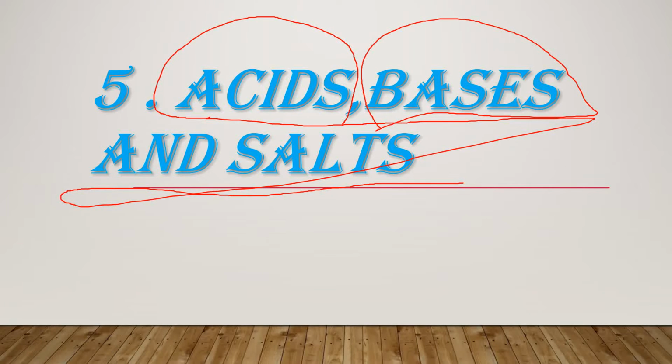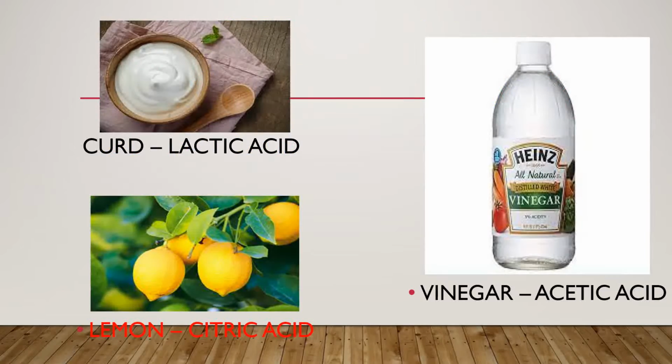We all know that chocolates, ice creams and cakes taste sweet because they all have sugar in them. But have you ever wondered why certain foods like lemon are so sour to taste? Lemon juice contains an acid, that is, citric acid.